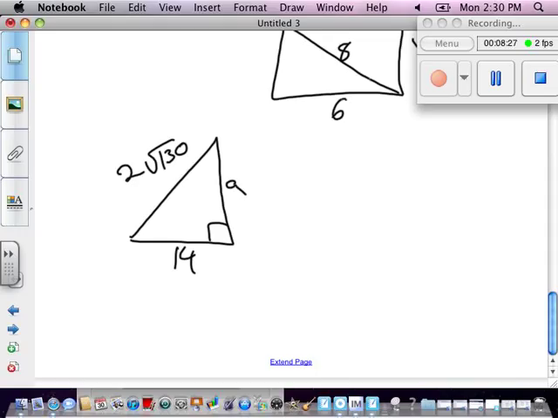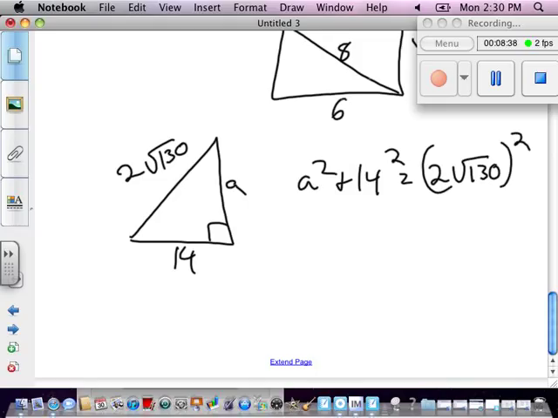So I've got to find A, but then I have to plug it in to find the area. Okay, so to find A, I'm going to do A squared plus 14 squared equals 2 square root 130 squared. So I get 196. And if we square 2 square root 130, we get 260.